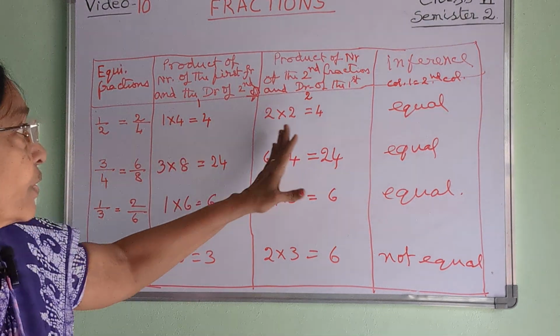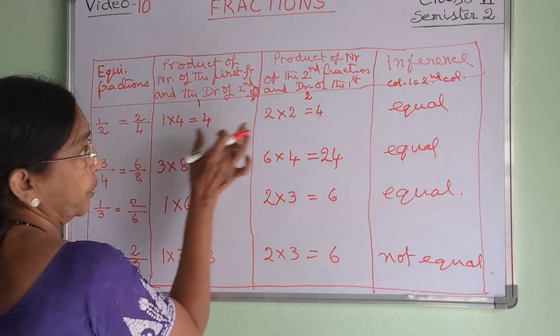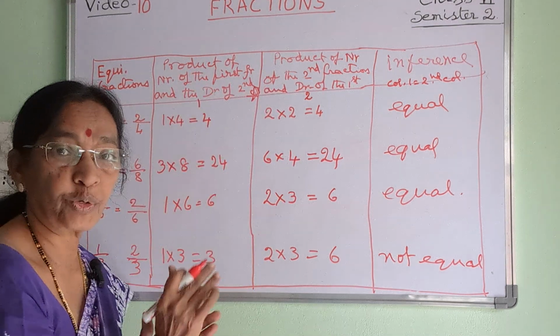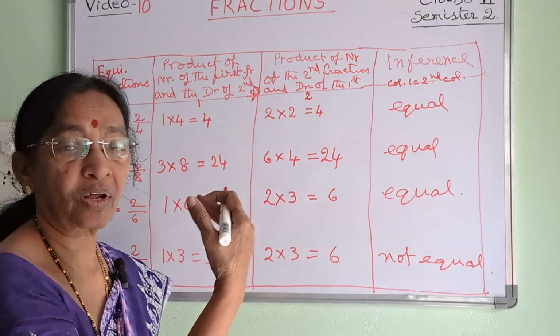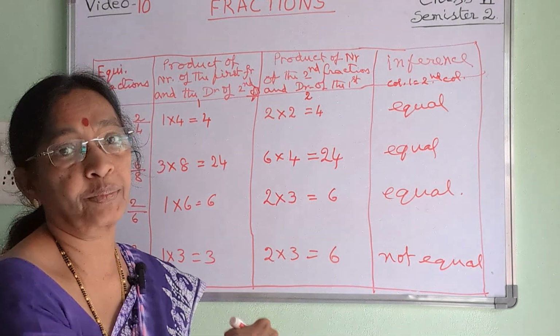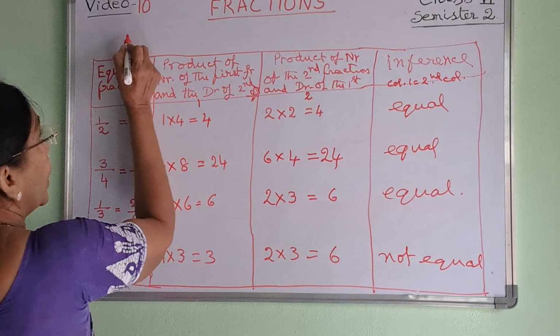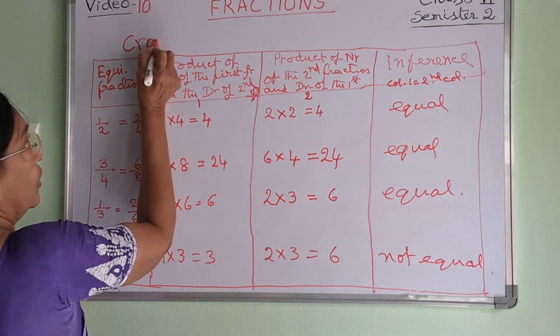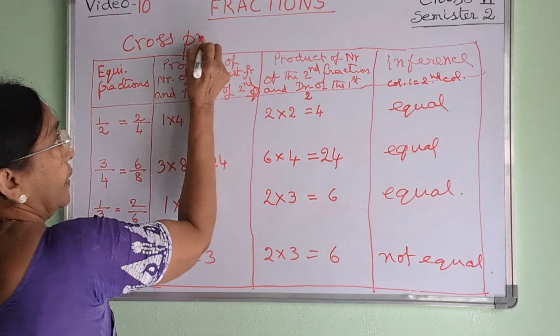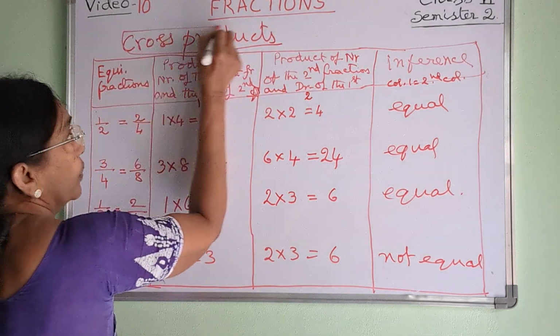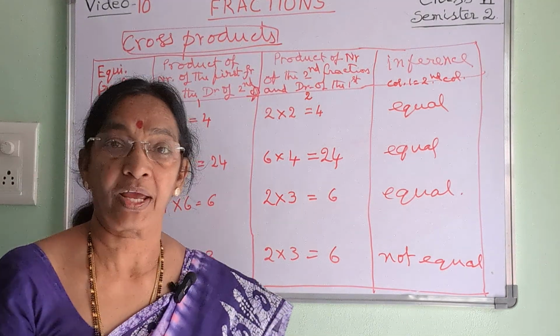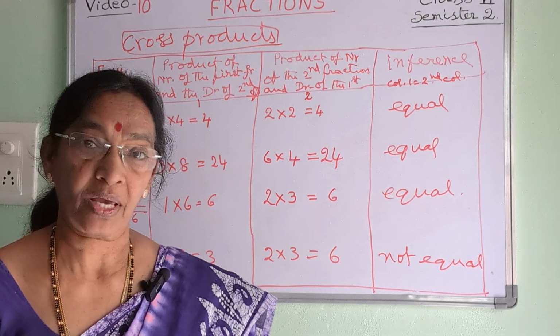These products are called cross products. So for equivalent fractions, the cross products are equal.